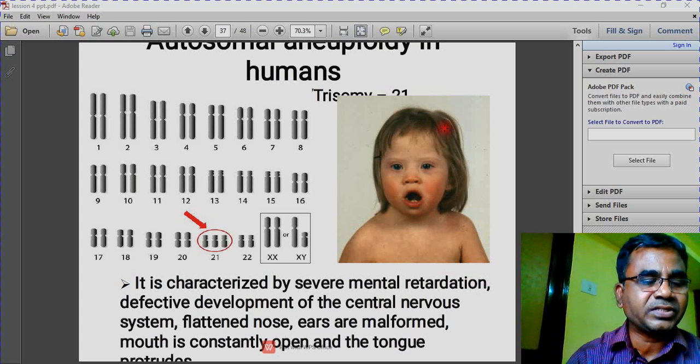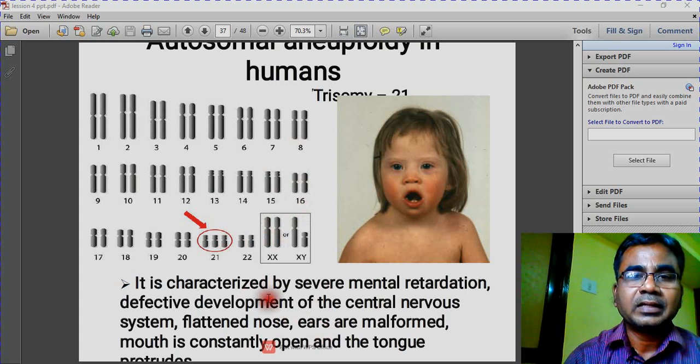During cell division, the chromatids segregate. If the chromatids fail to segregate during cell division, that results in gain or loss of one or more chromosomes. In a normal cell, there will be 46 chromosomes.